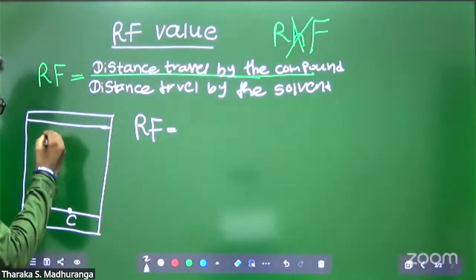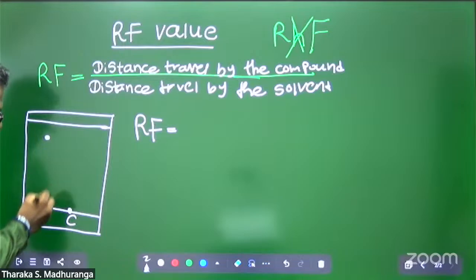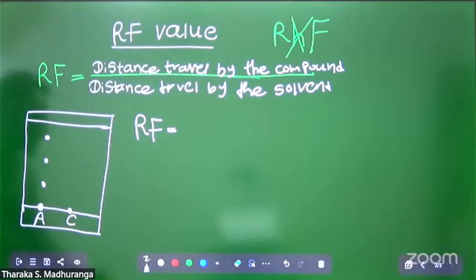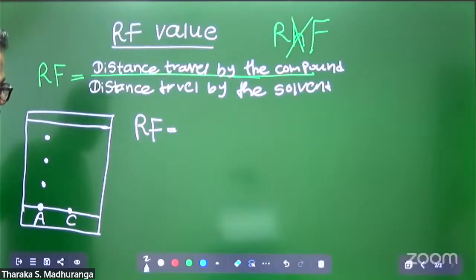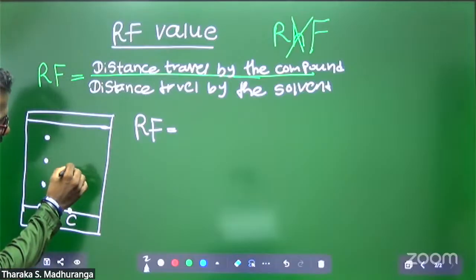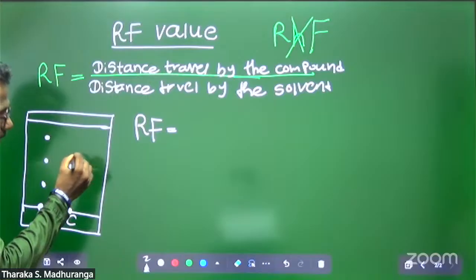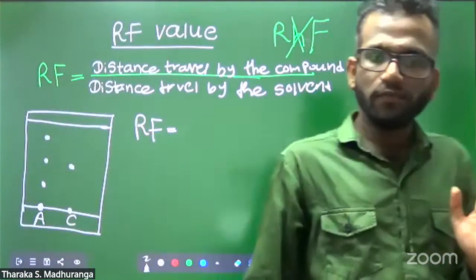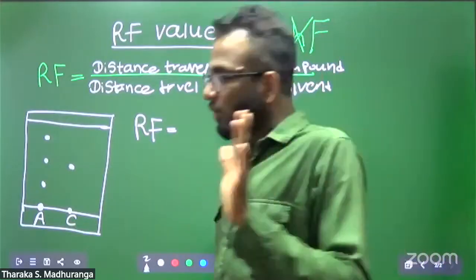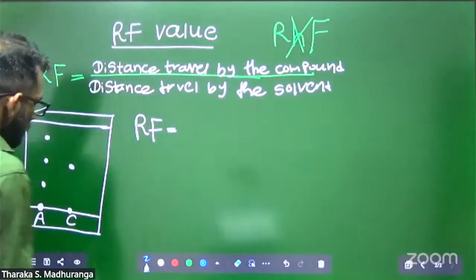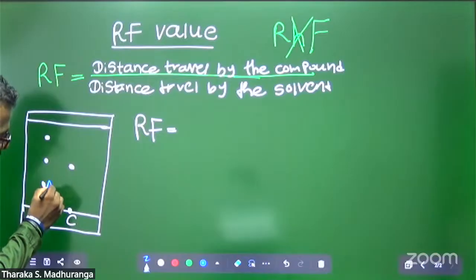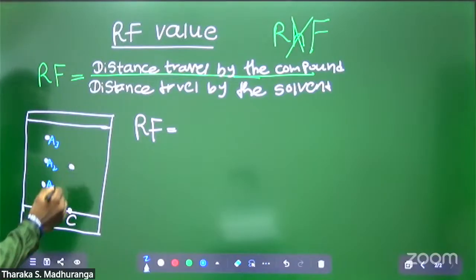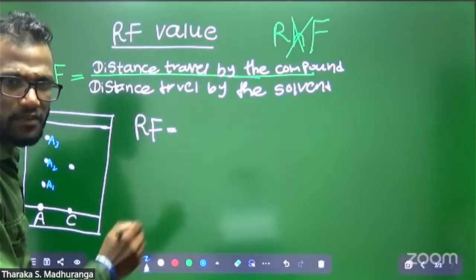Think, as an example, the A crude product has 3 compounds like this. The C is purified, therefore it has only one compound. Now I will mark these A1, A2 and A3 for easy understanding. Using a pencil we can name them.